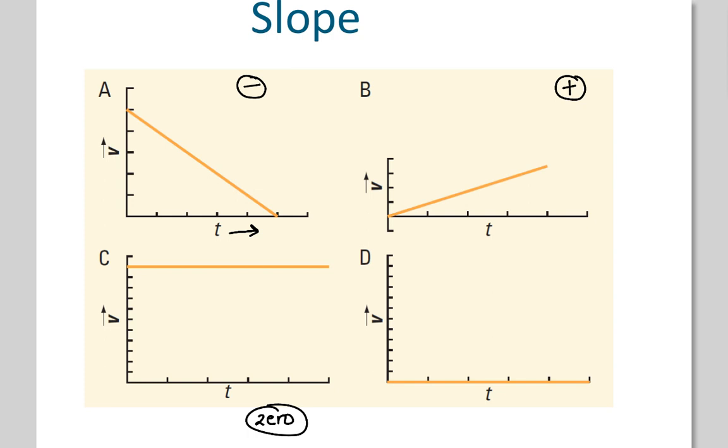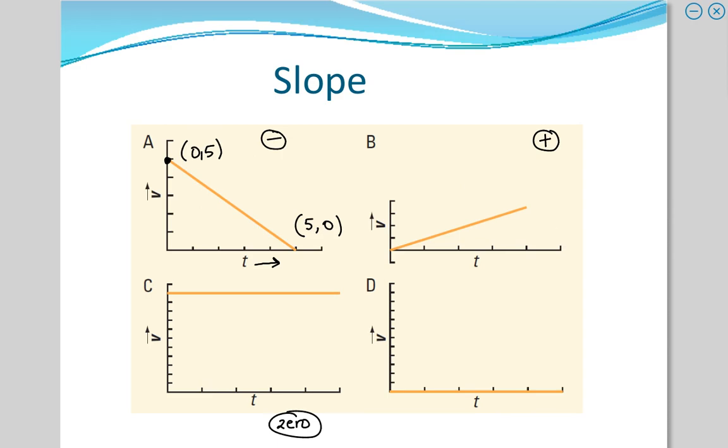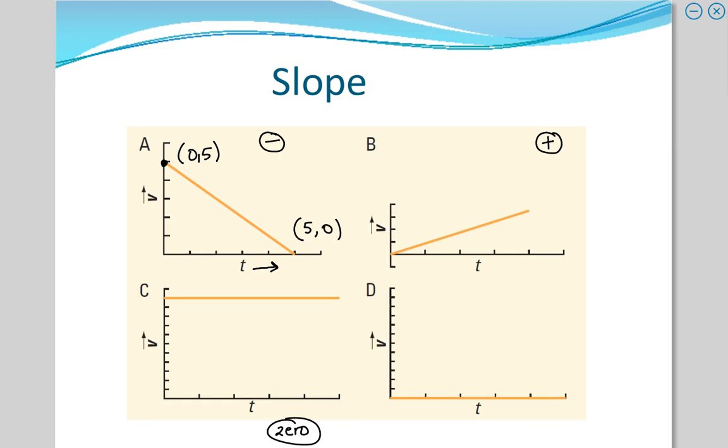Now let's assign some values here and calculate slope. For A, let's figure out what this coordinate would be. What would that be? 0, 5? And what would this point be here? 5, 0. You have an x coordinate, you have a y coordinate. Now to calculate slope, what formula are you using?